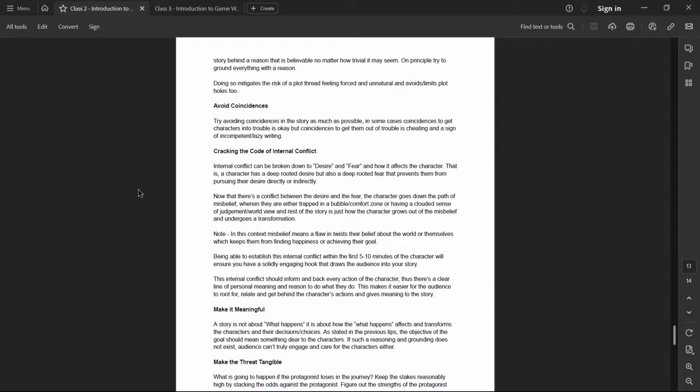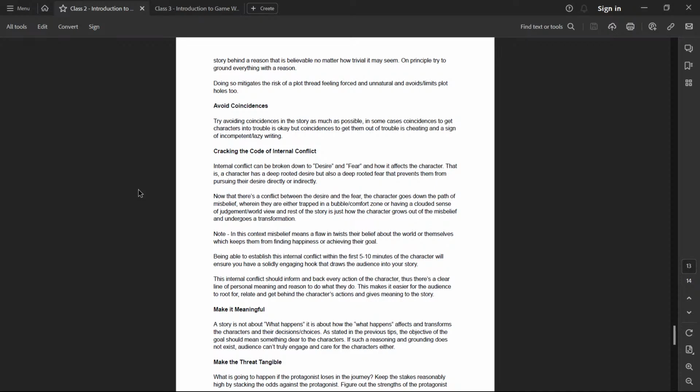The other one would be coincidences. Some coincidences are fine in the story. You can have characters meeting each other by a coincidence, but using coincidences to get them out of trouble and stuff is just cheating. It's just not a very good way of telling stories.